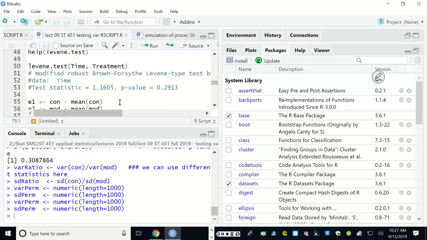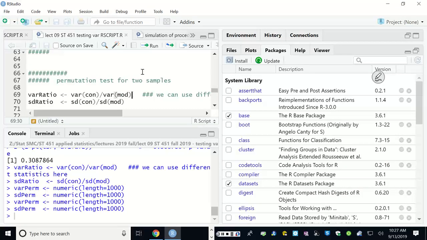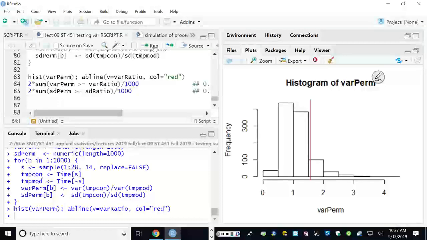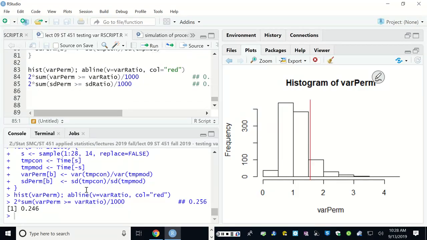I think I had these before, but start here, run that, set that up, run it, and the histogram looks like that. So our actual variance ratio here, about 1.55, does not look very unusual at all, and the p-value is about 0.246.